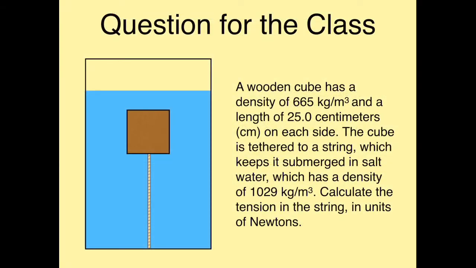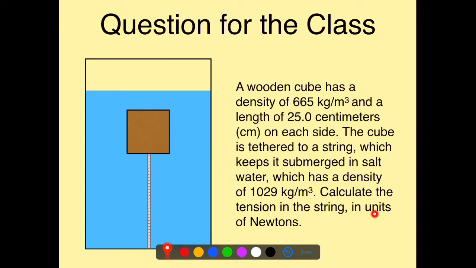Okay, so here's one for you to try out. We have a wooden cube that has a density of 665 kilograms per cubic meter, and it has a length of 25 centimeters on each side. The cube is tethered to a string, which keeps it submerged in salt water, which has a density of 1,029 kilograms per cubic meter.